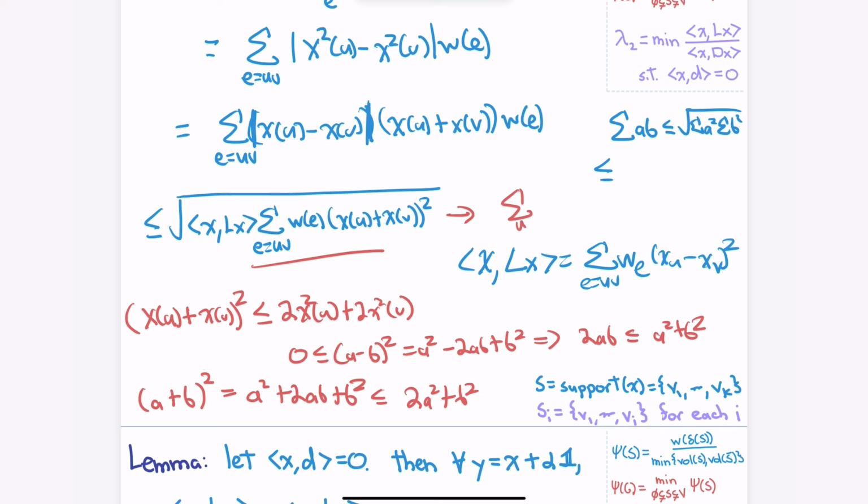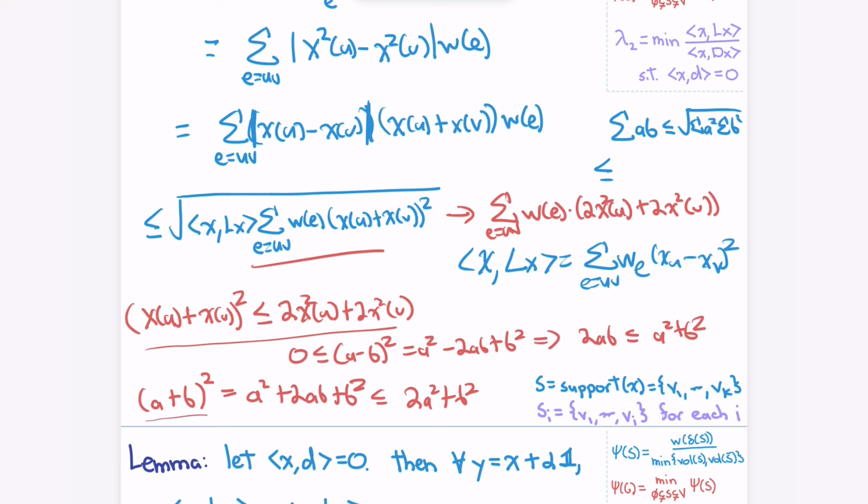Okay, so if we plug this in, then this term here can be written as a sum over all vertices, 2 times, let me do it slowly. Summing over all edges, E equals UV, the weight of the edge times 2xu squared plus 2x squared V. This one?